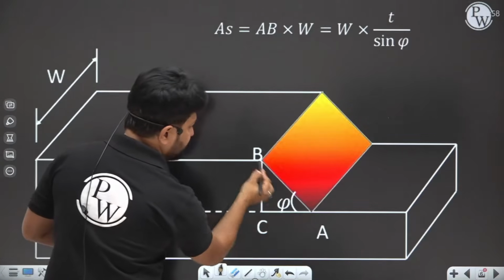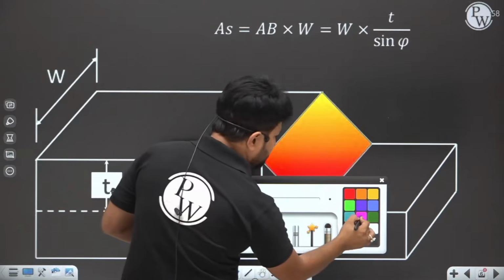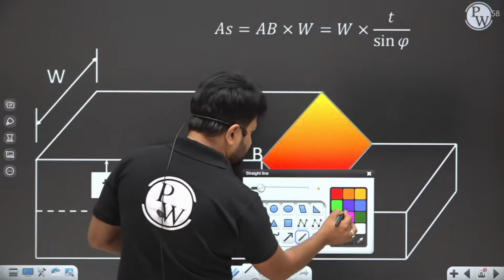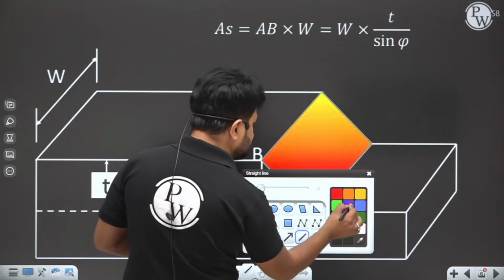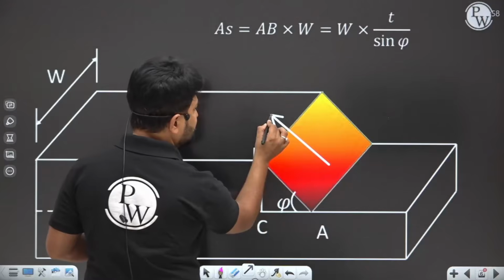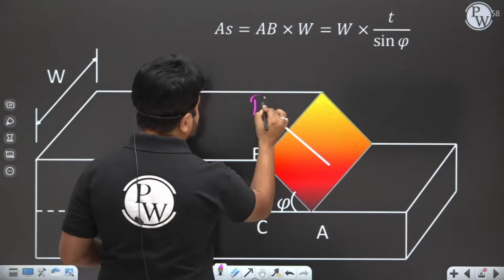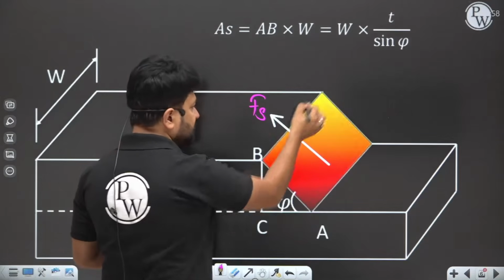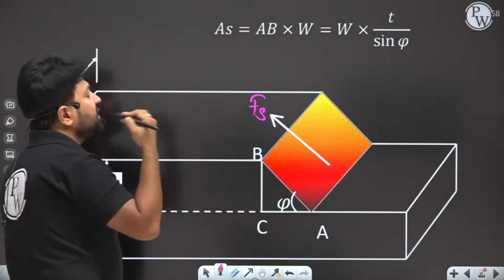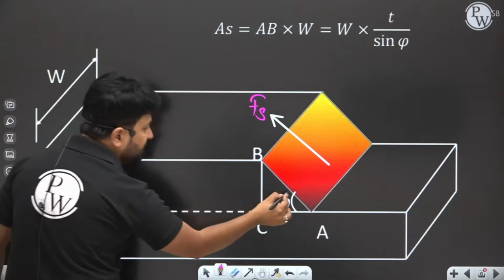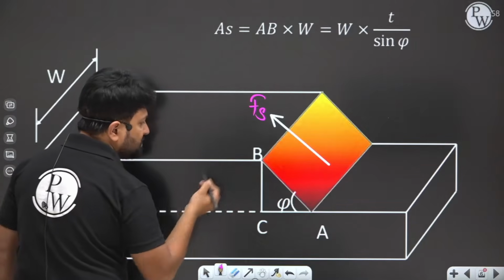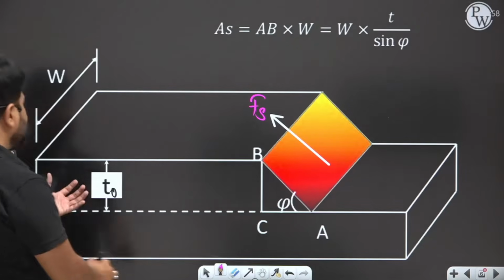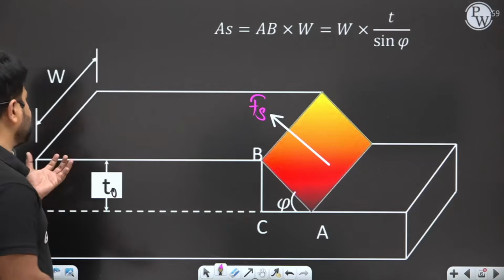Now AB is a shear plane along which a shear force is going to act, to deform the workpiece, to break down the crystal. So along this plane, deformation is going to take place. Now the inclination of the plane from the horizontal axis or from the cutting velocity is known as phi. That is the shear angle, right? T0 as usual is the uncut chip thickness, right?